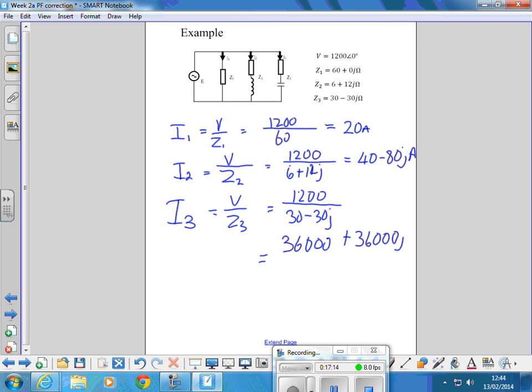So it must come out positive. And that's all over 1800. And then when you divide that through, you end up with the units being amperes.